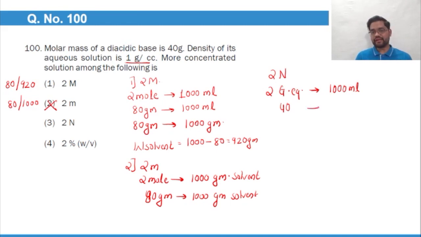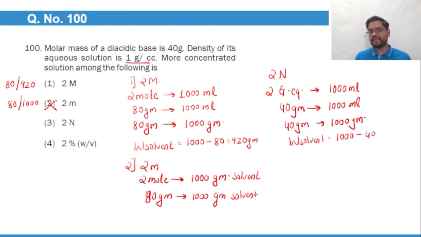So it will be 40 gram present in 1000 ml. Similarly, 40 gram is present in 1000 gram. Weight of solvent will be 1000 minus 40, that is equal to 960 gram. So here we can say that 40 gram is present in 960 grams.